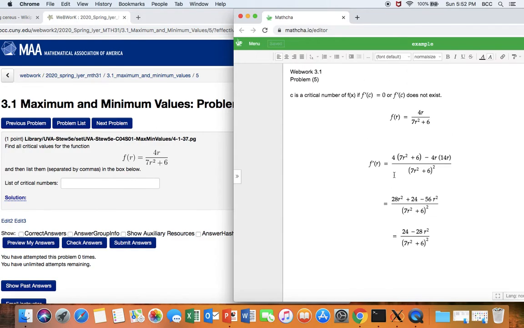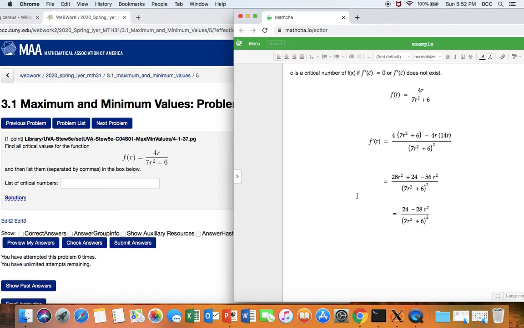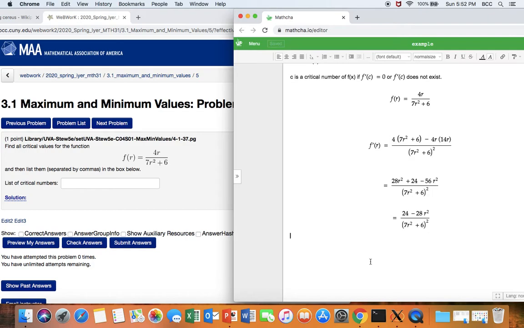So, how do you find a critical number? You want to set the derivative equal to 0 or figure out when the derivative does not exist. Here there is a small possibility the derivative does not exist, but notice the denominator of f prime is (7r squared plus 6) to the power 2.